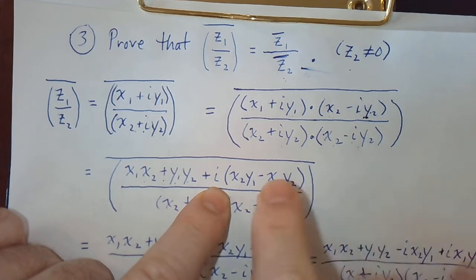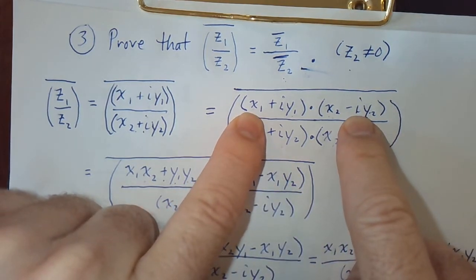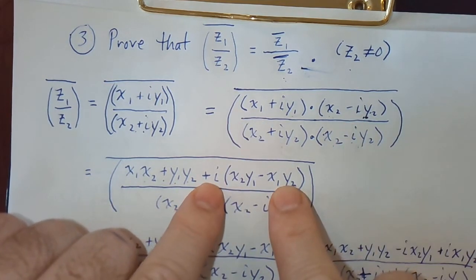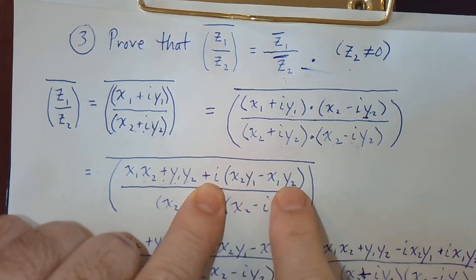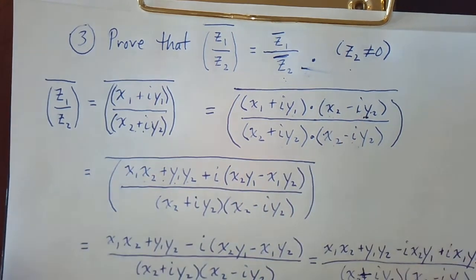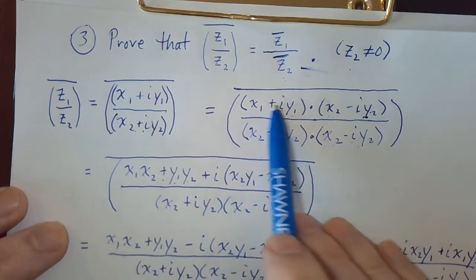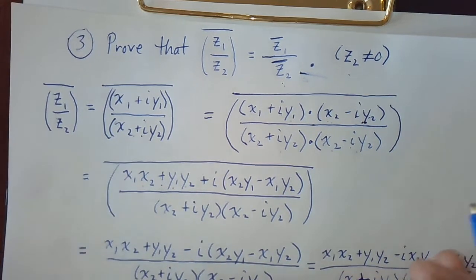And then the outer term would give us a negative i x1, y2, which is exactly what this is: i times a negative x1, y2. So if you distribute this through, you get exactly what we had upstairs here. This numerator is equivalent to this numerator, just FOILed out, and we factored out the i.